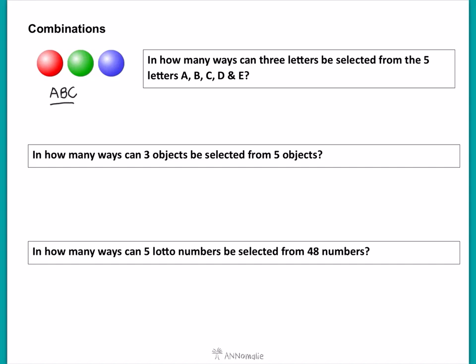If I permutate them and I find the number of permutations, that will be A, B, C, A, C, B, B, A, C, B, C, A, and lastly C, A, B, C, B, A. So for this one combination, we have 6 arrangements or permutations.